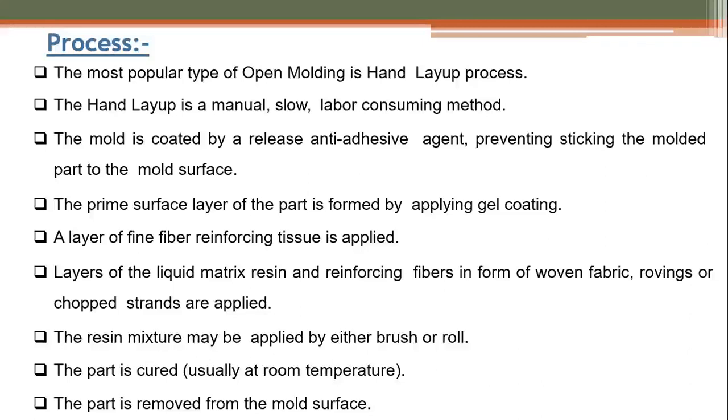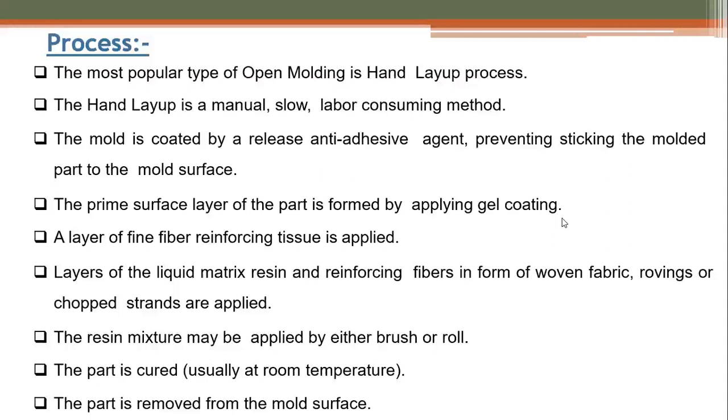The resin mixture is applied by either brush or roller; generally a roller is used in this type of method. When the part is cured at room temperature, it is removed from the mold surface. That is why we use the gel coating. This is the basic process of the hand layup method.